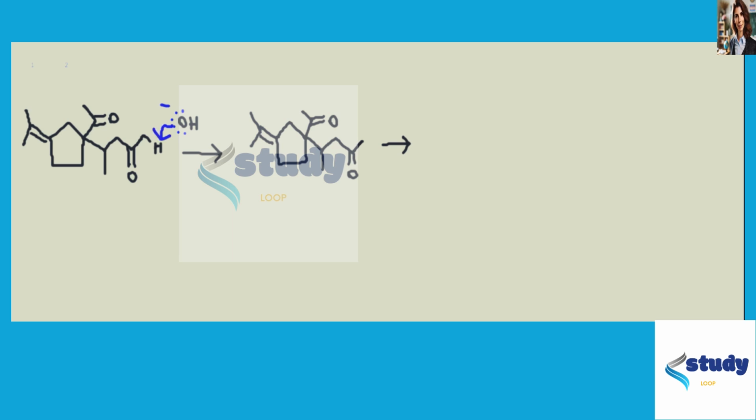So that hydroxide ion is going to grab an alpha proton from the starting material. And so that is going to get us to this enolate. And then the enolate is going to attack the other carbonyl in this molecule and do the aldol.